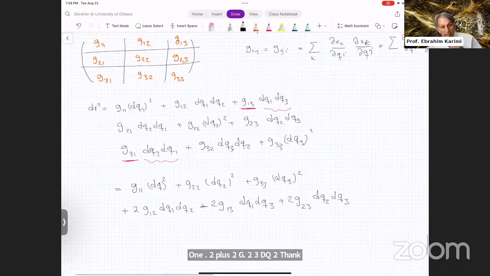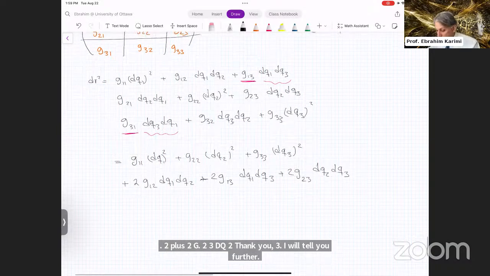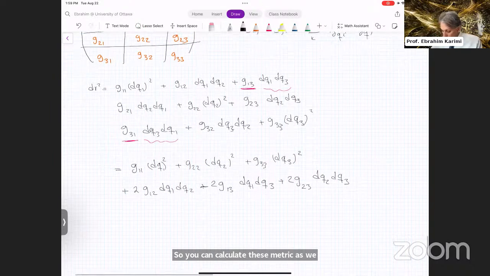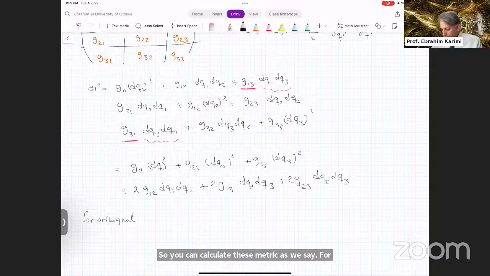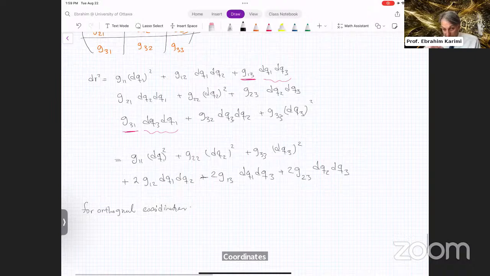I will tell you further, you can calculate this metric, as we said, for orthogonal coordinates. This is a special case, by the way. It is not a general statement.